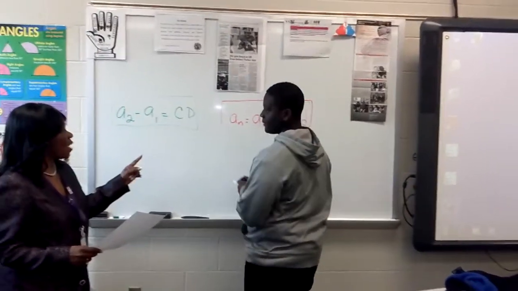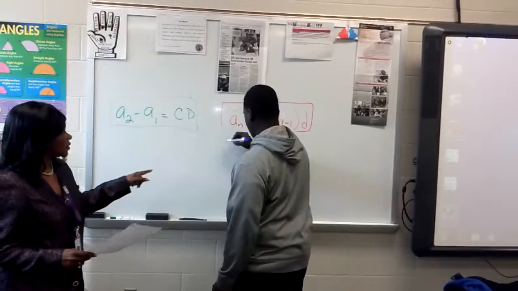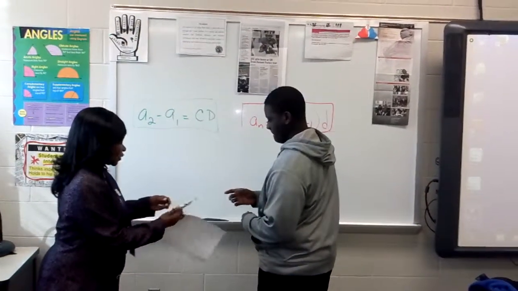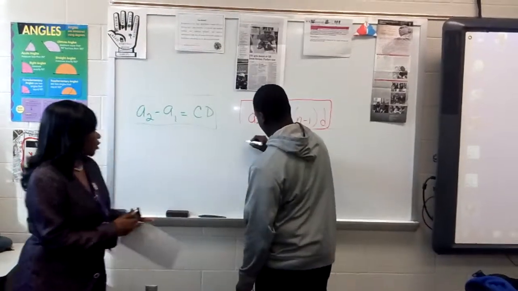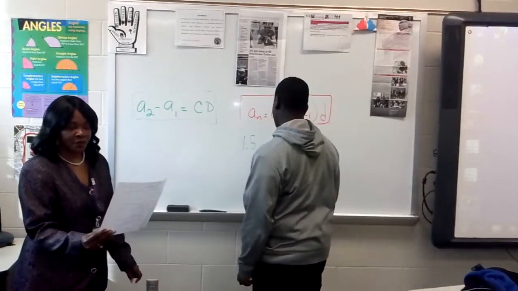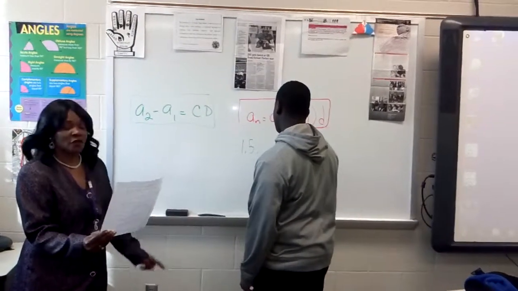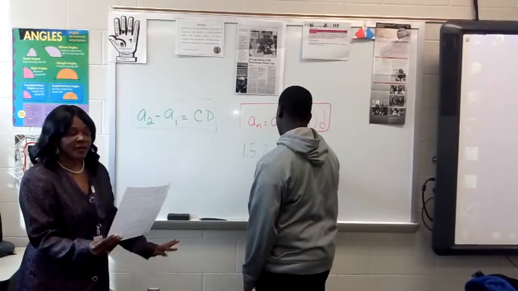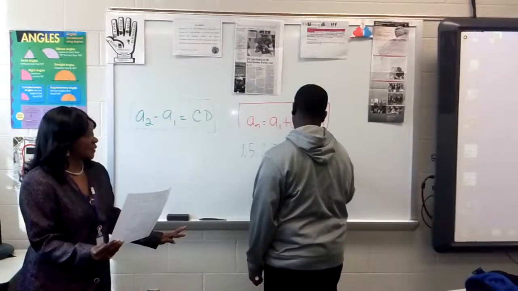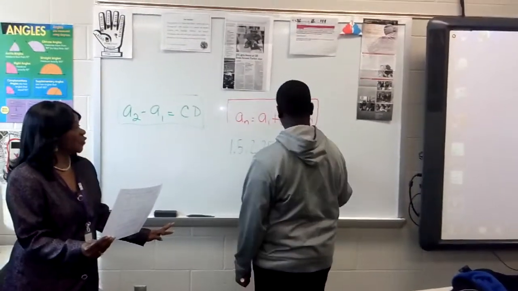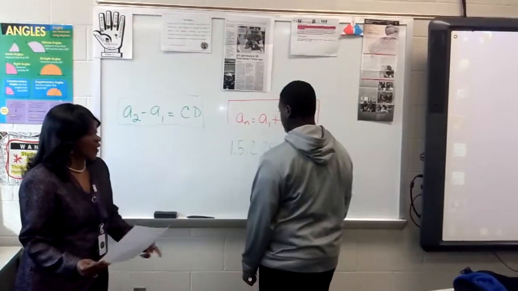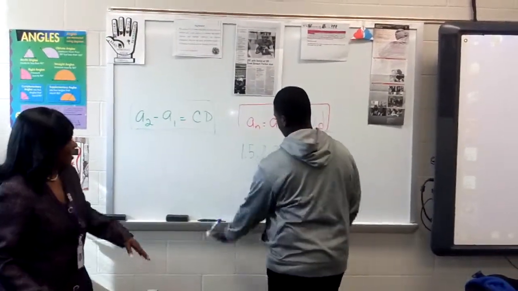I have 1.5, comma, 2.25, comma, 3, comma, and 3.75. Okay. Now, those are the numbers we're going to work with.